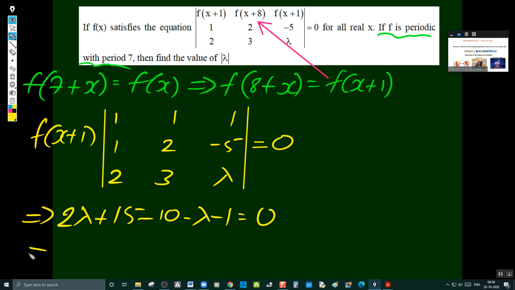And it is 3 minus 4 minus 1 equal to 0. From this one, you will get the value of lambda. 2 lambda, this is 5 minus 1, 4. 4 by 2, 2, no? What is the answer you got? Lambda is minus 4.